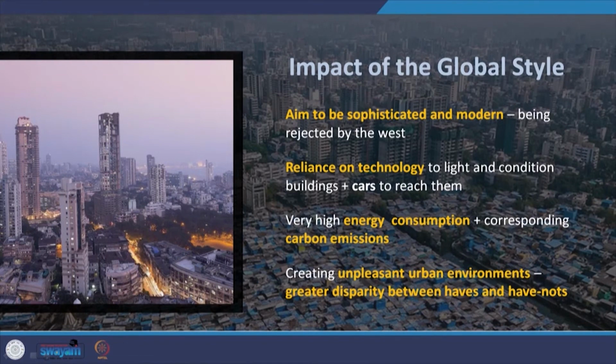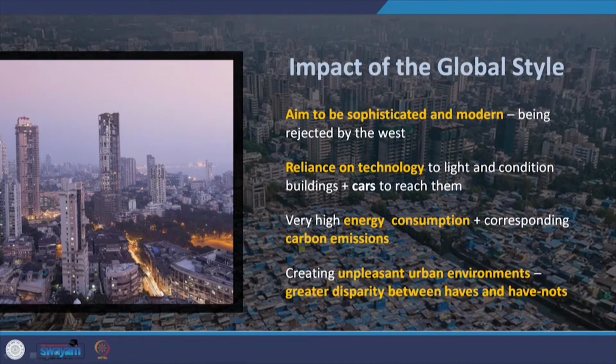This reliance on technology to light and air condition our buildings and to have automobiles to reach them, overall produces a vast amount of carbon emissions leading to global warming, very high energy consumption, creating an unpleasant urban environment where there is also a great economic disparity between the haves and the have-nots.